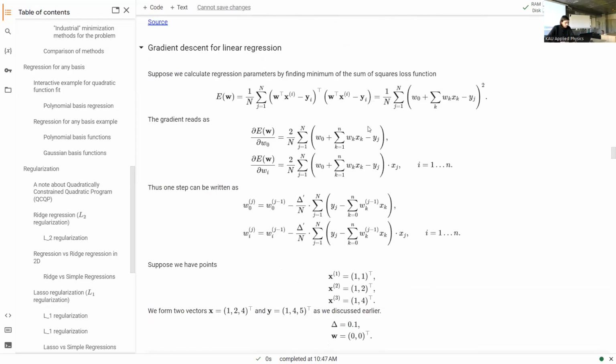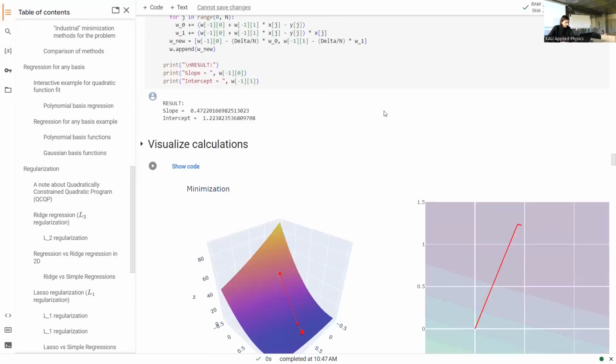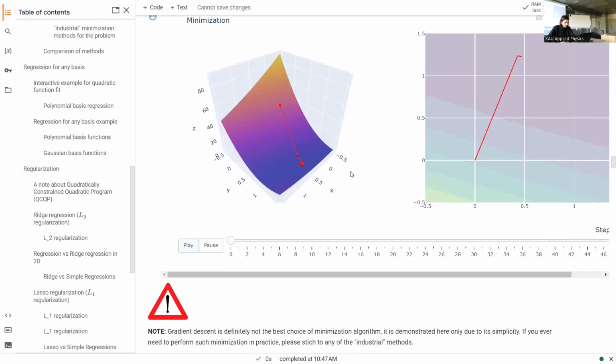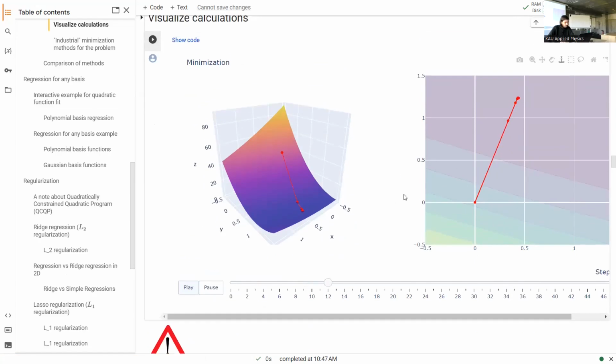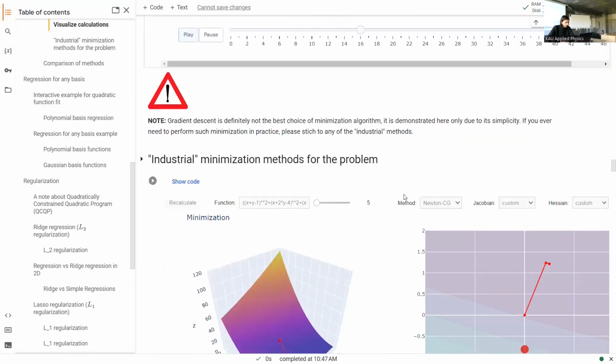Okay, here's an example of how to get this with the gradient descent method. Hopefully you know that. Here is some sort of visualization of how it descends to get you to that minimum. Everything is pretty simple. Yes, a big warning for you.